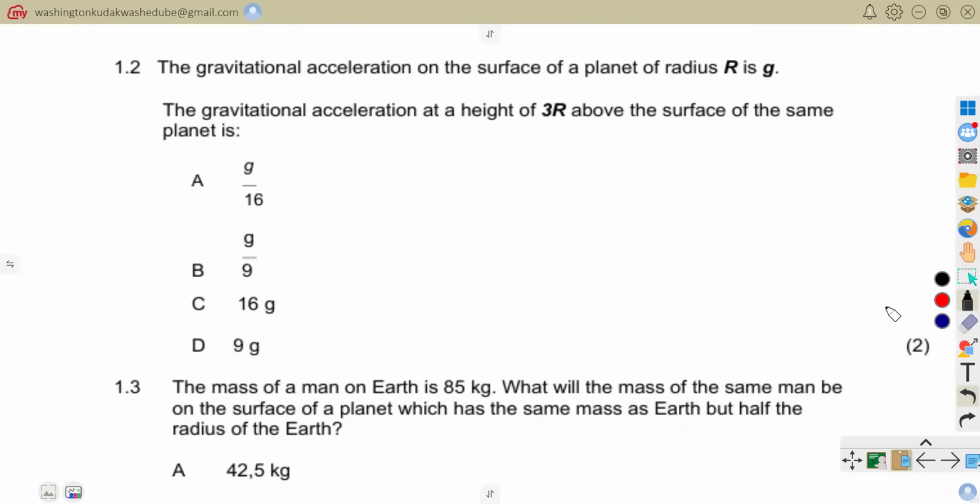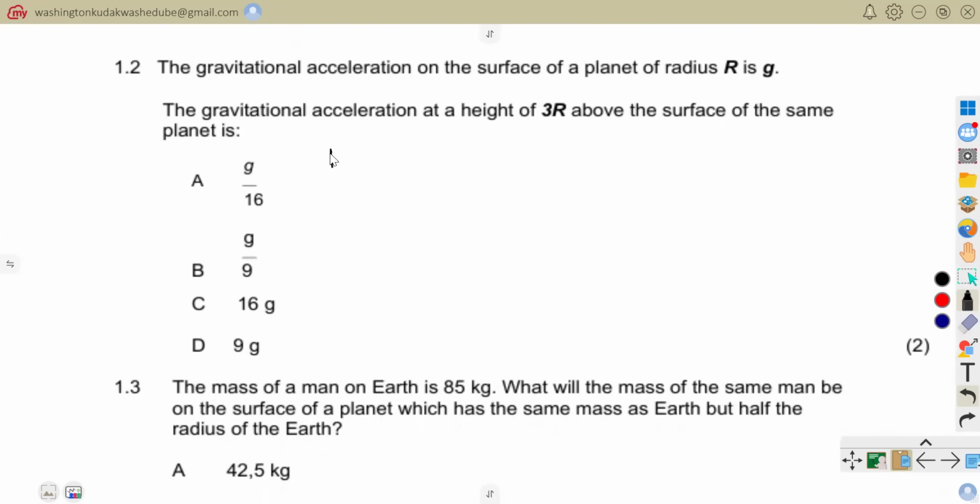Question number 1.2 is saying, the gravitational acceleration on the surface of a planet of radius r is g. The gravitational acceleration at a height of 3r above the surface of the same planet is what?